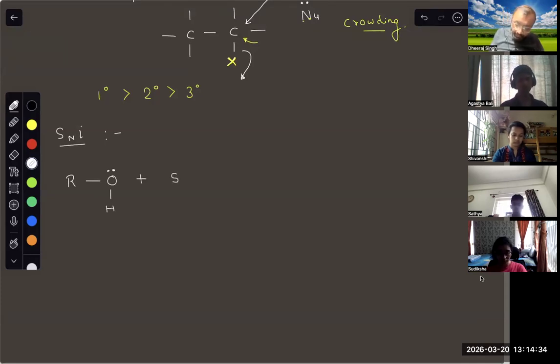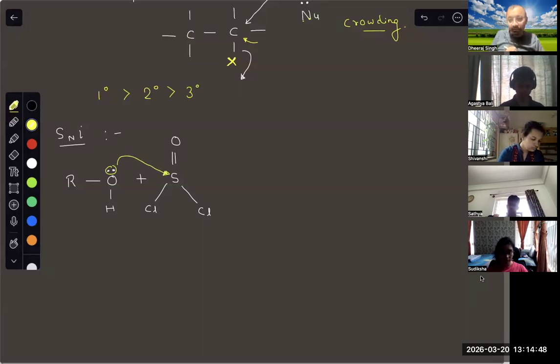There is a sulfur which has vacant orbitals in SOCl2. So this lone pair attacks the vacant orbital. All right. And this Cl goes away, right? Then you will see this is the intermediate that gets formed.